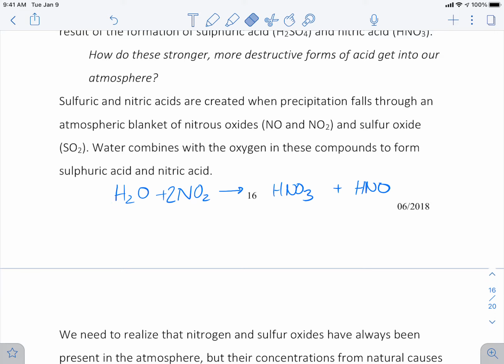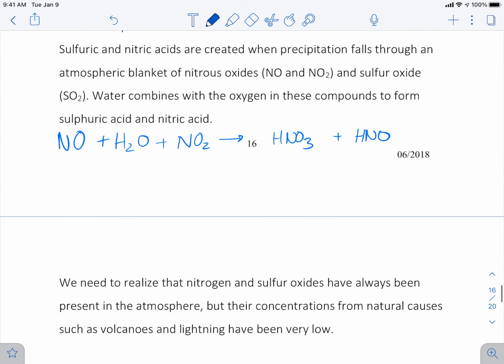Anyways, I'll just throw an NO on here. There we go. That will work. So one water can combine with an NO2 and an NO, and that will form HNO3 and HNO.